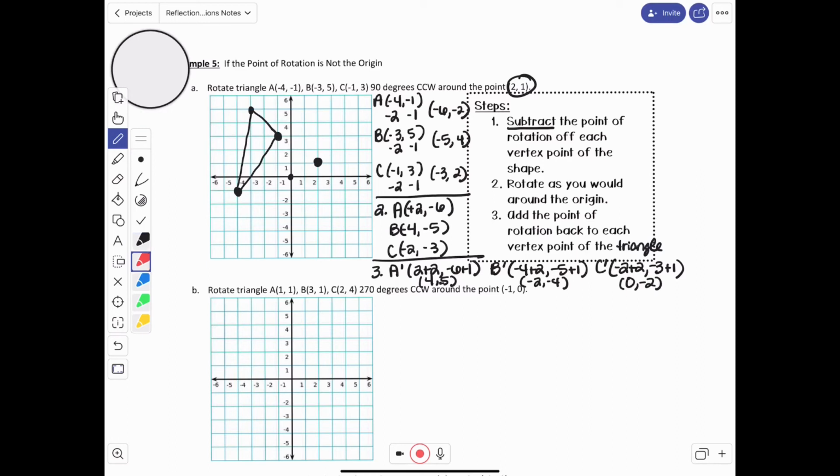So if we plot these new points, I've got 4, negative 5. My new B would be negative 2, negative 4. And 0, negative 2.